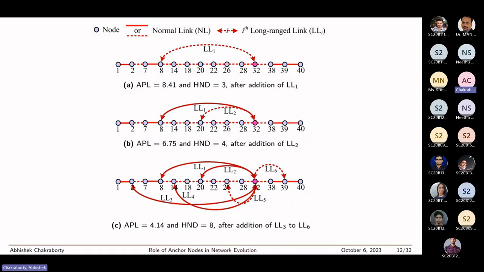We just ran the near optimal algorithm to add 6 long links, and surprisingly, all links are connected to 32, which was identified by the first long link.